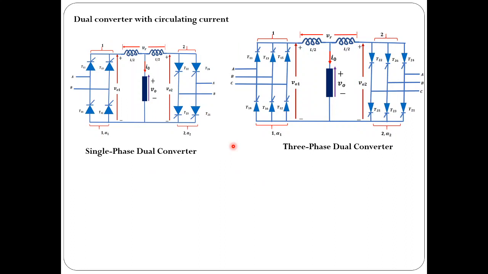Now let us see the operation of dual converter with circulating current. This is a single phase dual converter with circulating current. In order to limit the circulating current, we have inserted a reactor between converter 1 and converter 2. We have divided the reactor into two parts: one is connected in series with converter 1 and the other in series with converter 2, each equal to L by 2, so we have symmetry.